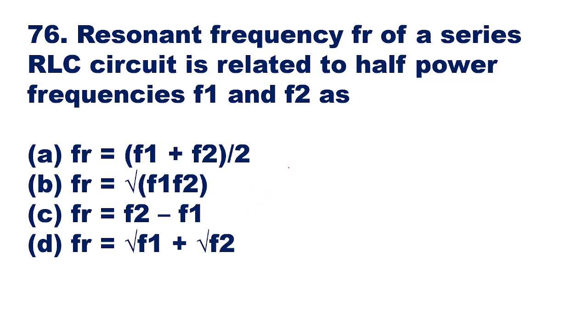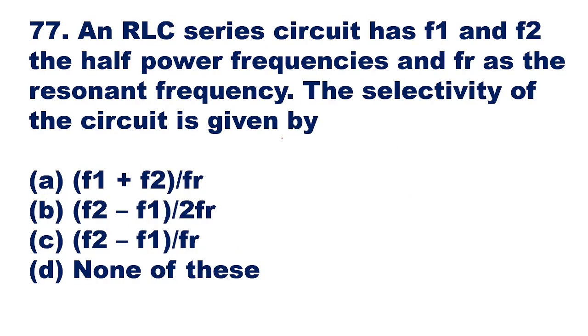If you have the curve between current and frequency, and the bandwidth is between f1 and f2, then if you take f1 plus f2 upon 2, you will get the resonant frequency fr. So option A is the right answer. Then we'll go to the next question.